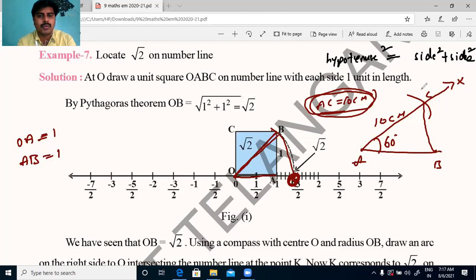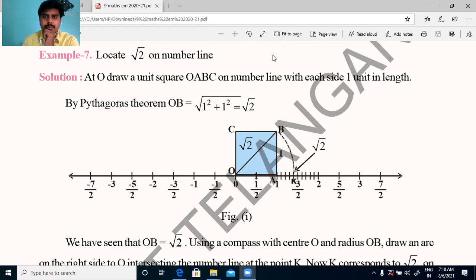So if you draw an arc with root 2 length, this arc touches the number line at a particular point. That particular location is called root 2. Okay, any doubts, Nana, in this explanation? Please, if you have any doubt, you can raise it. Otherwise, I will continue the explanation.